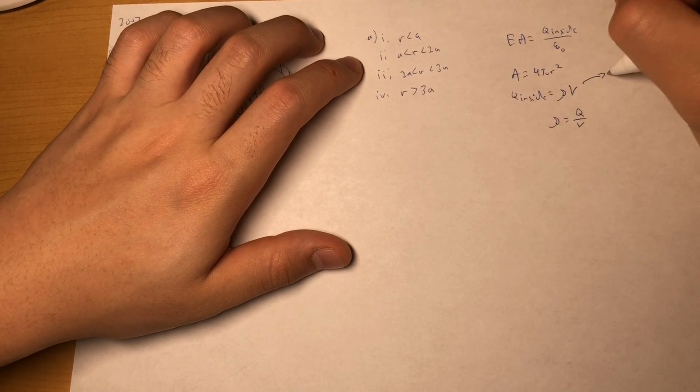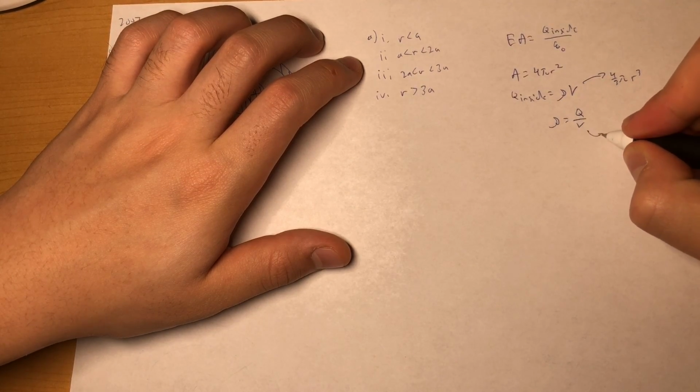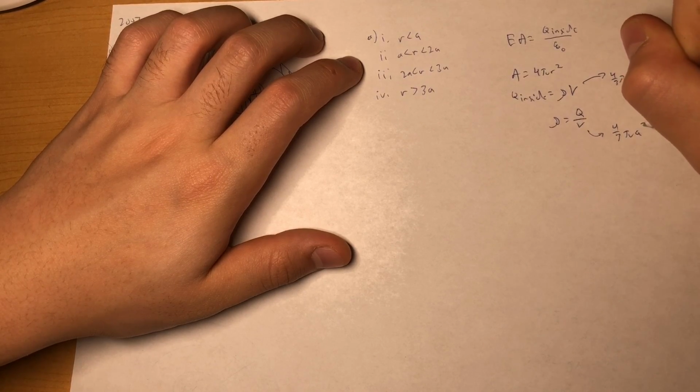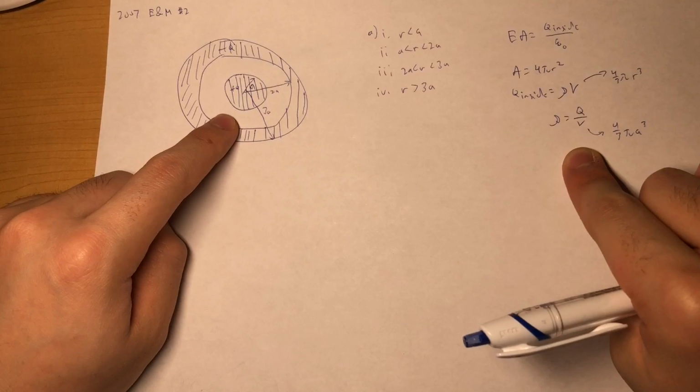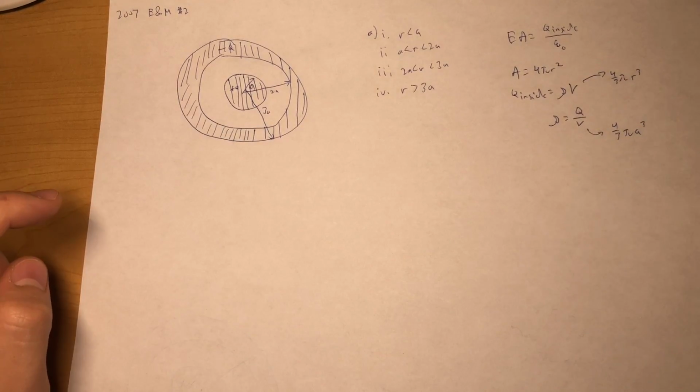This V is equal to 4/3 pi r cubed, and this V is equal to 4/3 pi a cubed, because this is the density of the inner sphere, and this is just the volume of the radius that we're looking at.